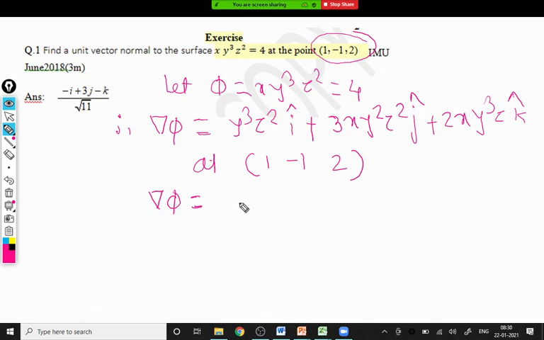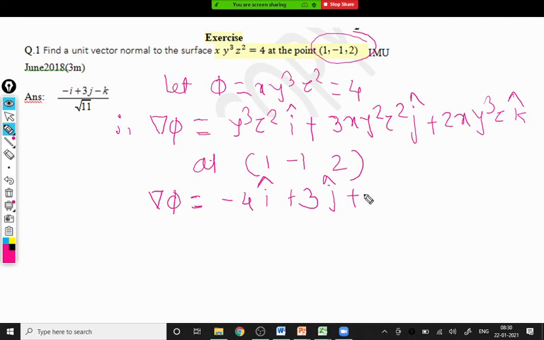Yes, anyone? What is this vector? -4 i cap, plus 3j cap, and 12k cap.